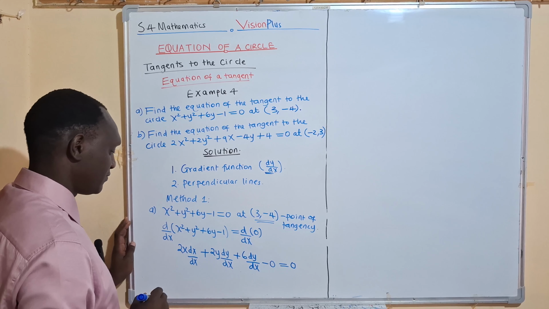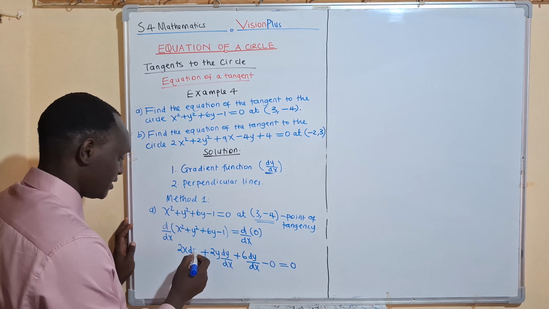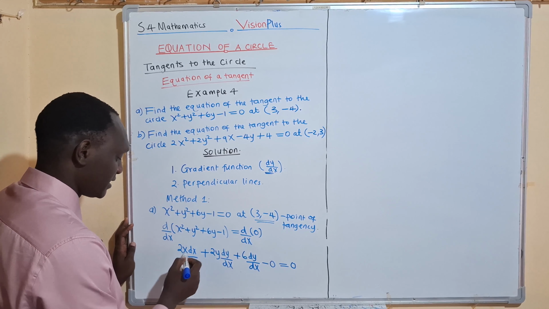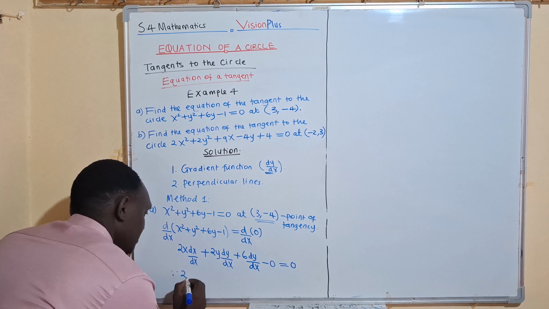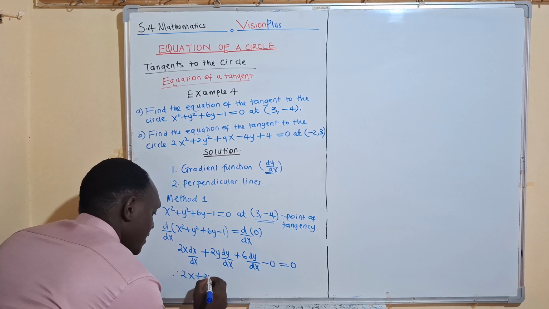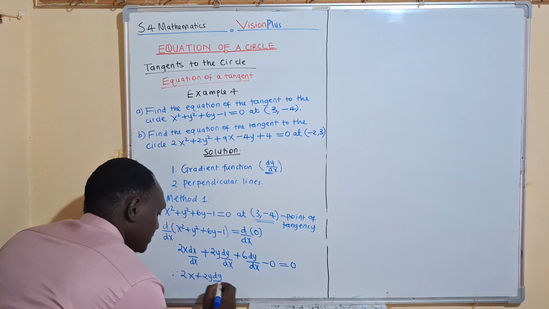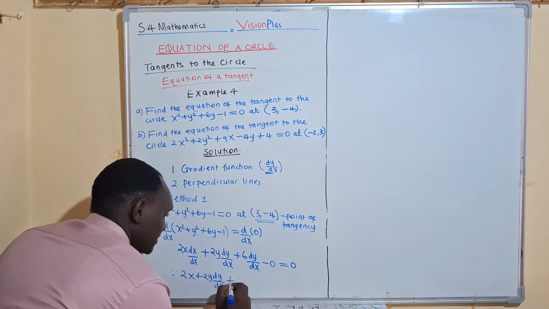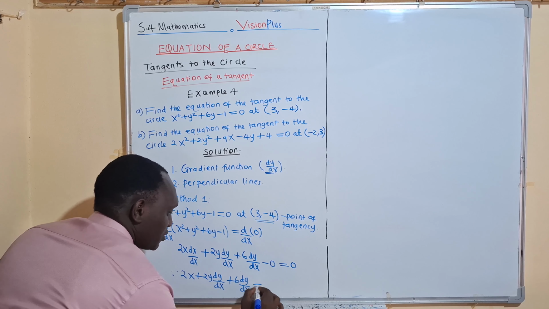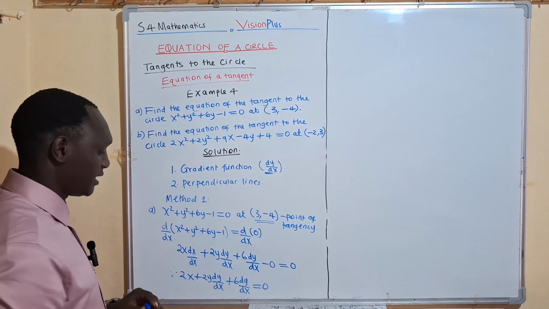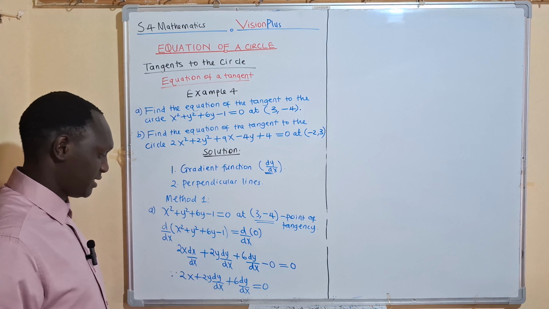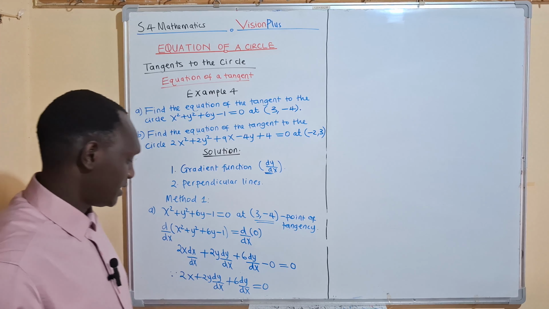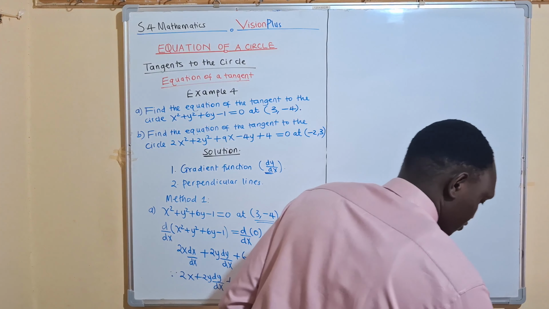So we need to simplify this expression. The dx terms cancel out, so we have 2x plus 2y dy/dx plus 6 dy/dx equals 0. We need to make dy/dx the subject.